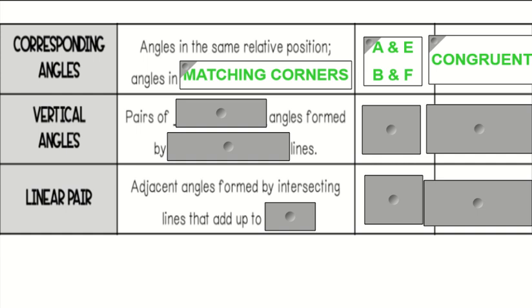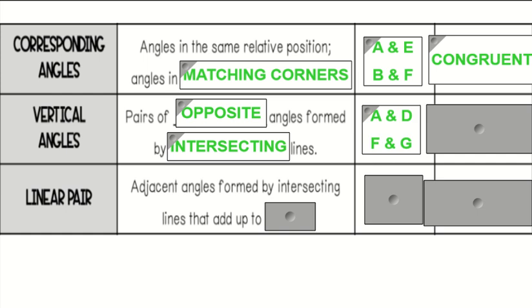All right, next one, vertical angles. Vertical angles are pairs of opposite angles formed by intersecting lines. So A and B, F and G, those are vertical angles.